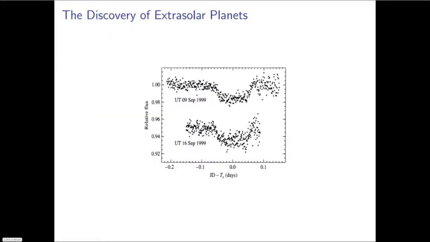So this is the discovery of exoplanets. Basically, all the principles which we have studied, the photometry principle by which we found the temperature, the radial velocity and other methods, were used to find extrasolar planets.